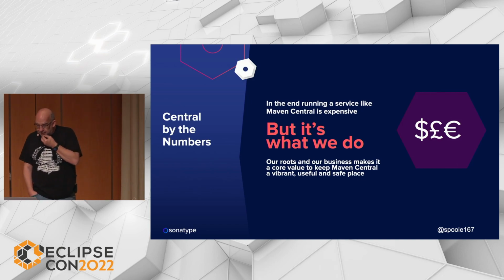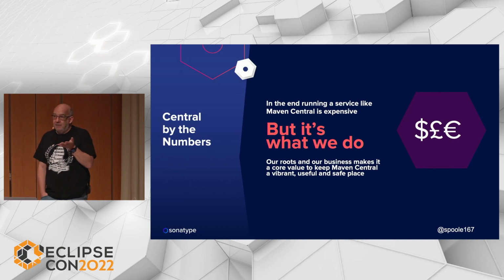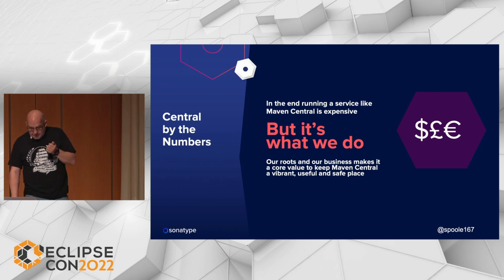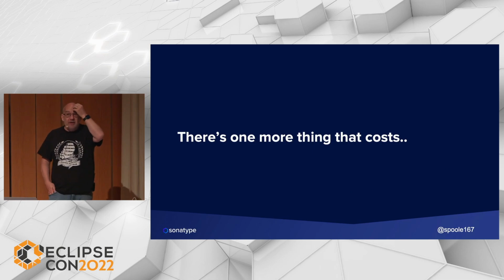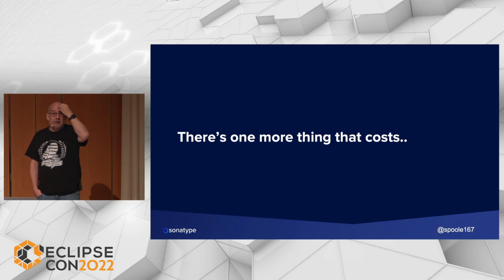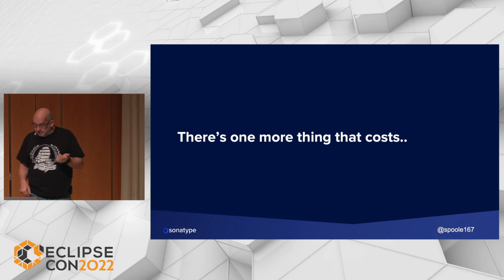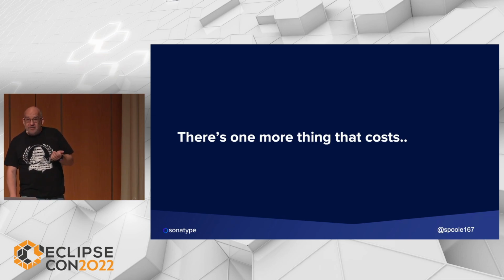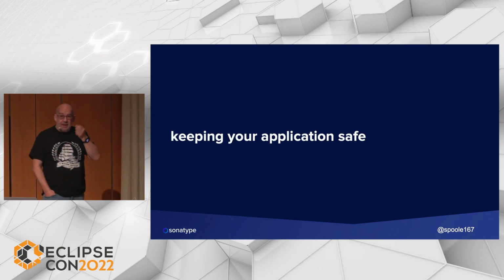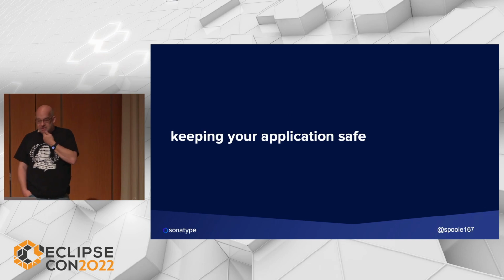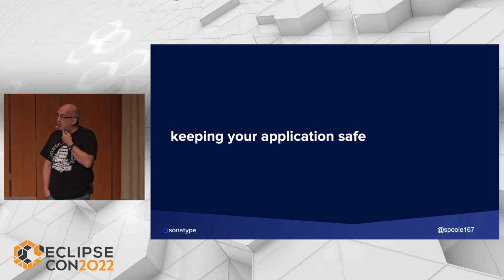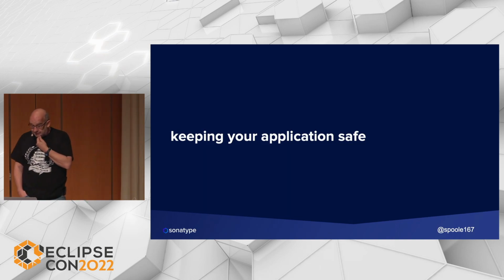Right. So it's expensive to run, but guess what? There's more things that cost, because it's more than just it being a repo system. Okay? Because the other thing that Maven Central does is it helps keep your application safe because of what we do when things get uploaded. So I'll talk about that in a sec.